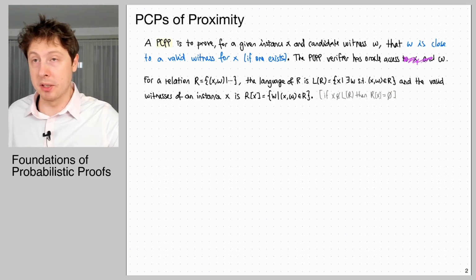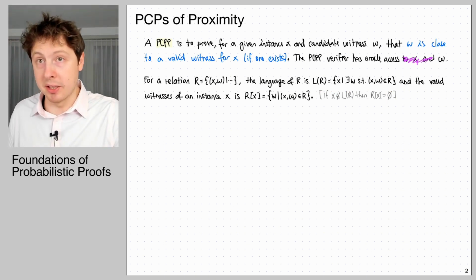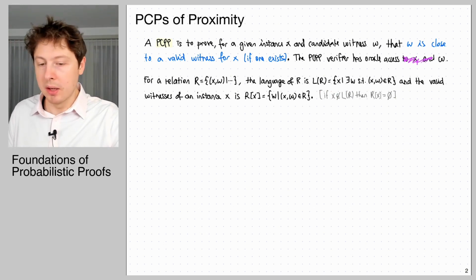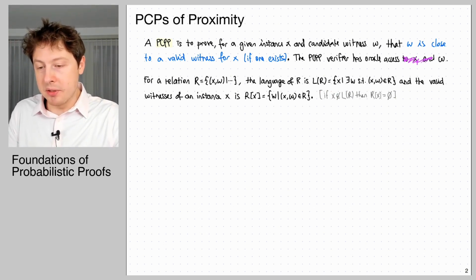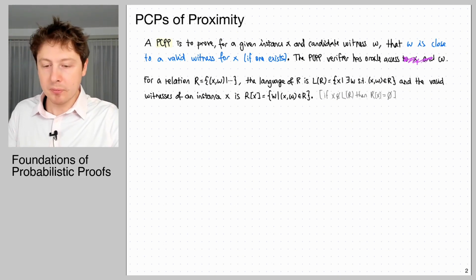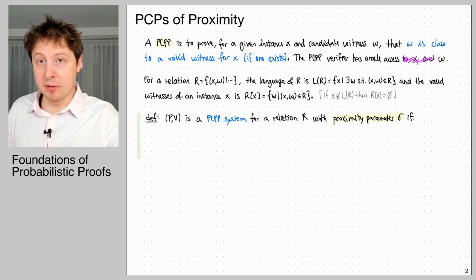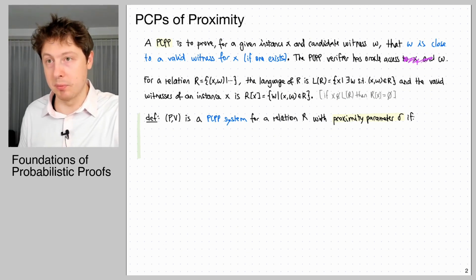So in the case of circuits and satisfying assignments, you project onto circuits that have a satisfying assignment. And then for a particular instance, you can look at the set of witnesses. Those are all the valid witnesses. And of course, if the instance is not in the language of the relation, then the set of valid witnesses is empty.